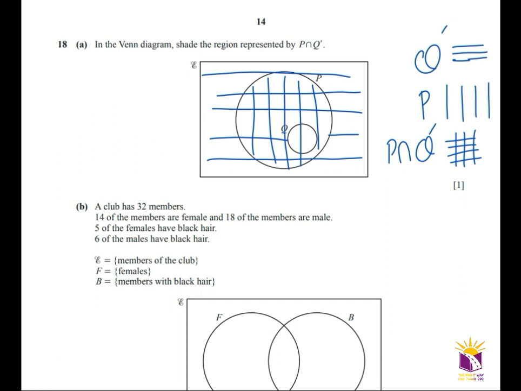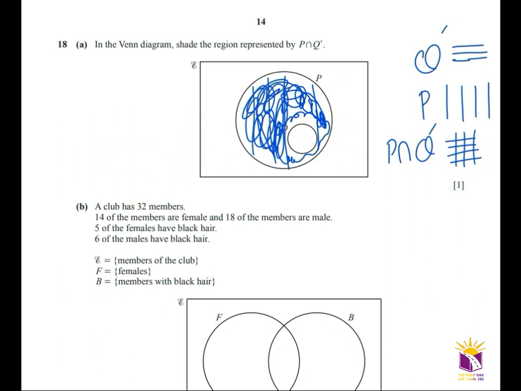So it will be the area under P except Q, and it will be the area shaded like this one over here. By removing the other lines, you will get your area P intersection Q complement.